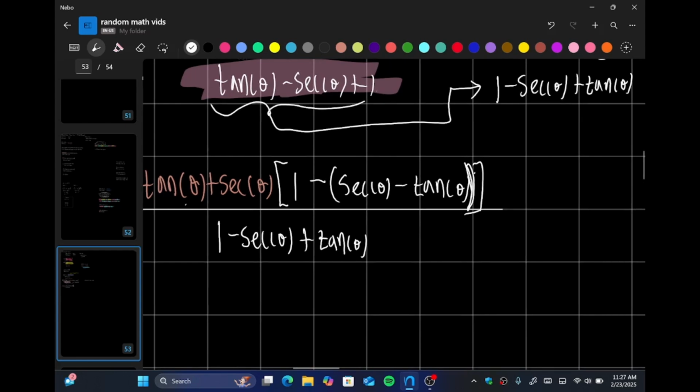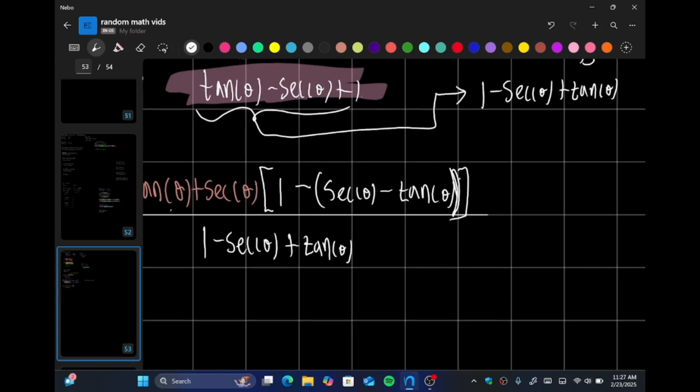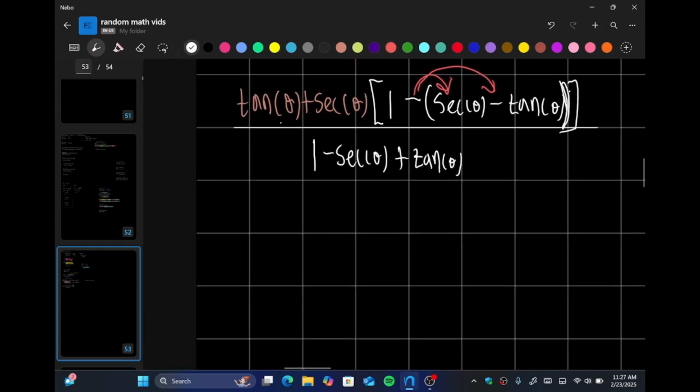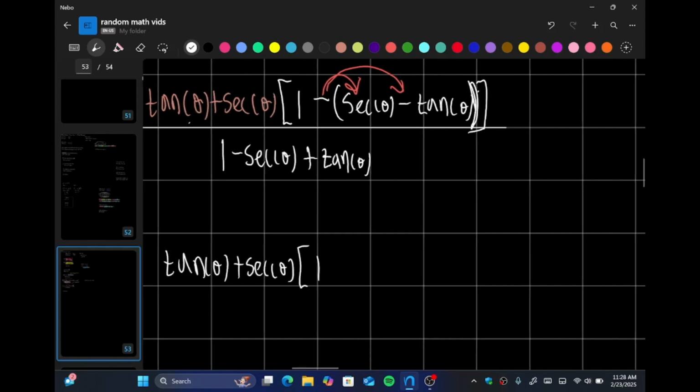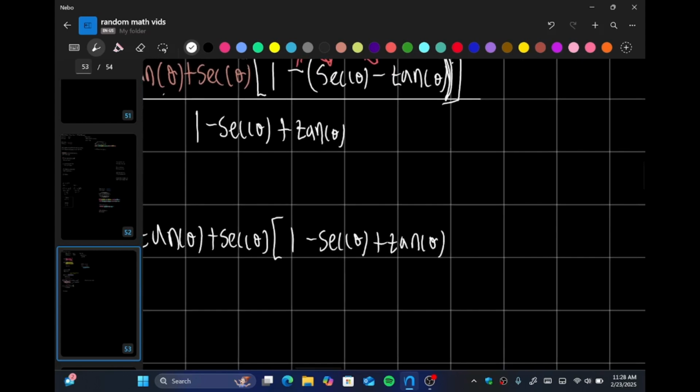Okay, so the one thing that we're gonna do is distribute this negative. We get tan theta plus secant theta times 1 minus secant theta plus tan theta, right?